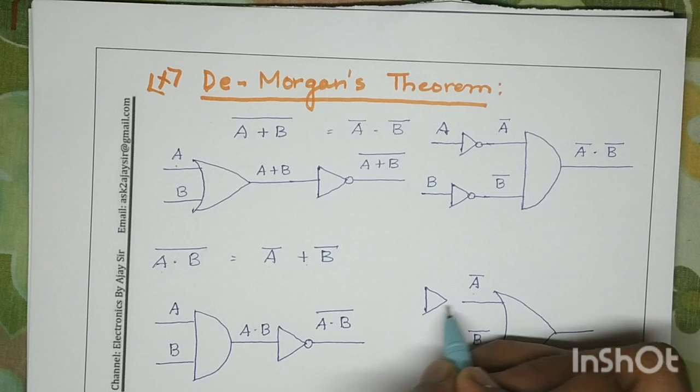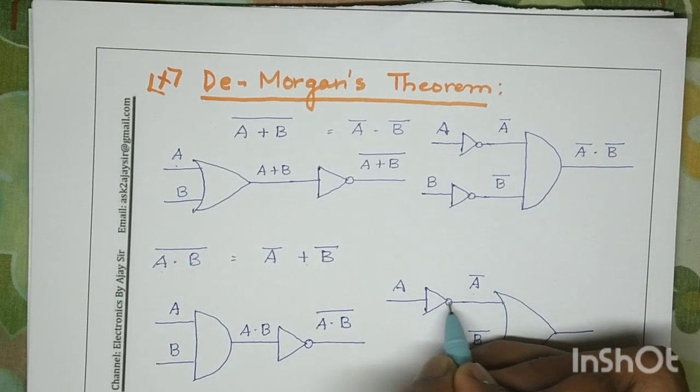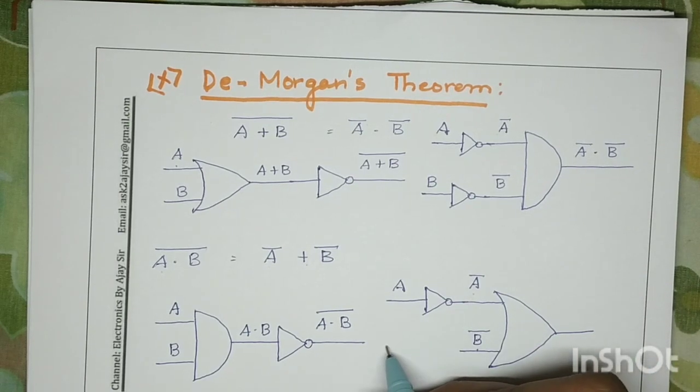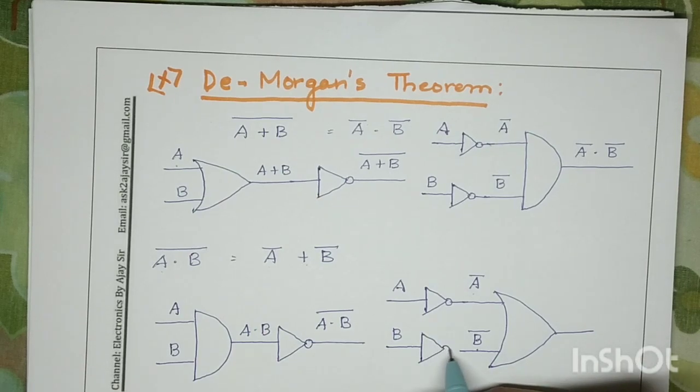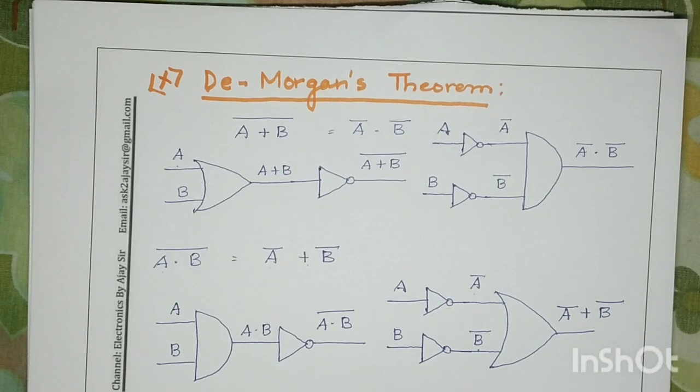We have to pass the signal A through an inverter, and it gives you the signal A bar. Similarly, if we have the signal B, we have to pass this signal B through an inverter, and it gives you B bar. And finally, at the output, you will get the signal A bar plus B bar.